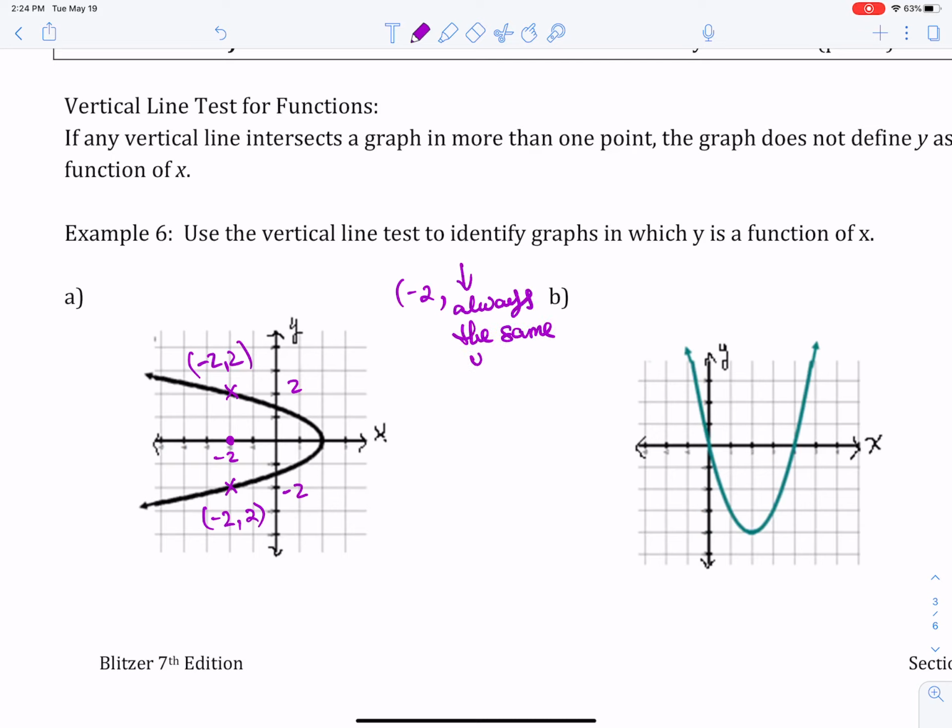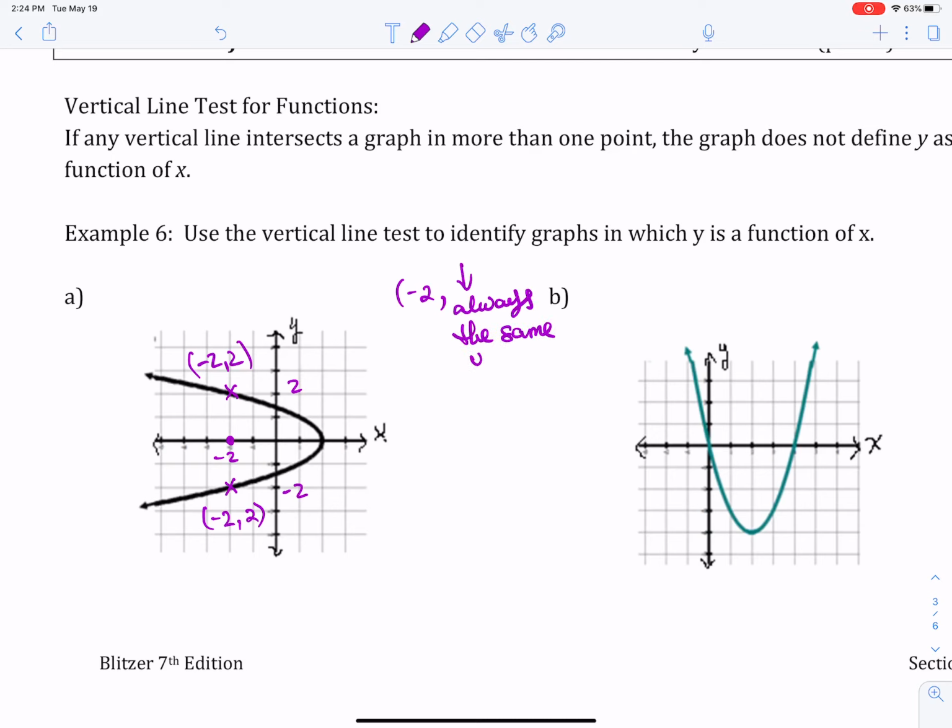How do I catch this from a picture, from a graph? It's extremely easy. We apply the vertical line test. We pass a vertical line through the picture. And if we see that the vertical line crosses the graph at least at one place twice versus once, we know that this is not a function.